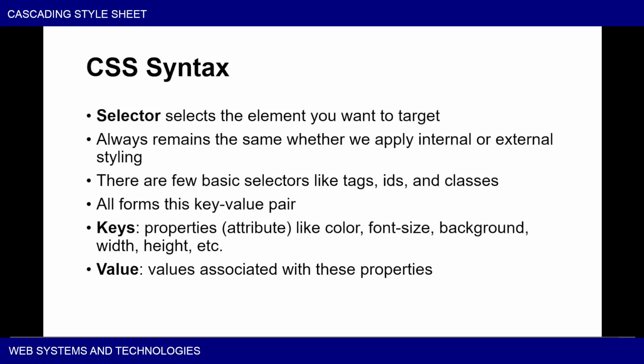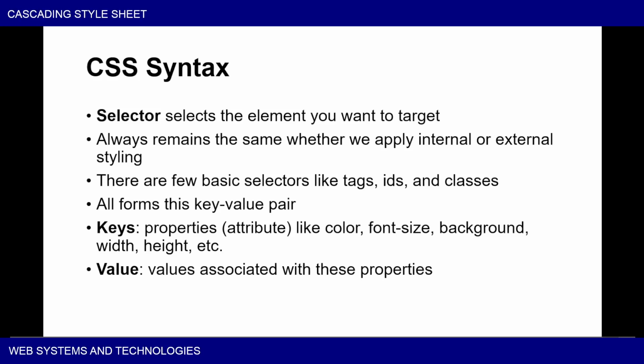We do also have here the definition of each of those parts of the CSS syntax. When we talk about selectors, it basically selects the element you want to target. So it always remains the same whether we apply internal or external styling. Yeah, so we could actually write CSS in either internal or external styling.